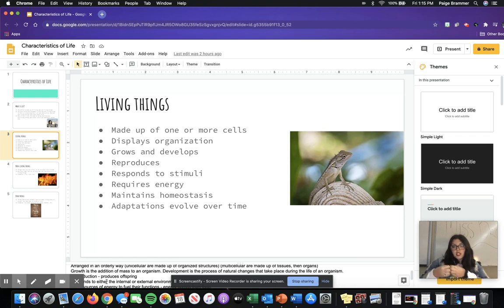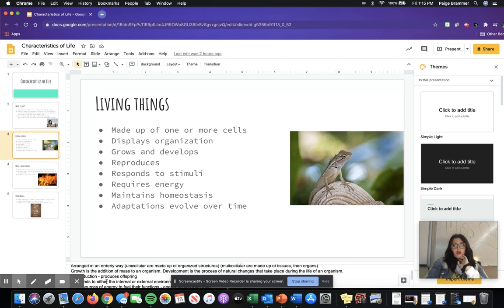And then tissues together make up organs. And then it's organs within our body that perform these processes that are crucial for our survival, right? Like you have the heart, you have the kidneys, you have the liver, you have all these different organs that are crucial for our survival.